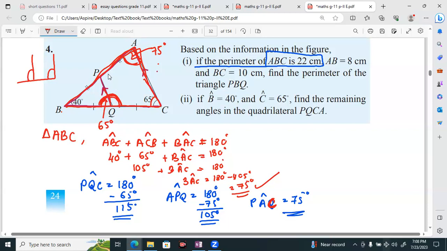Here also we can identify F-shape angles, so these are corresponding angles. As we have found here 75, here also 75. Then here it is the sum of angles on a straight line segment, 180. Then subtract 75 from 180. It is 105.